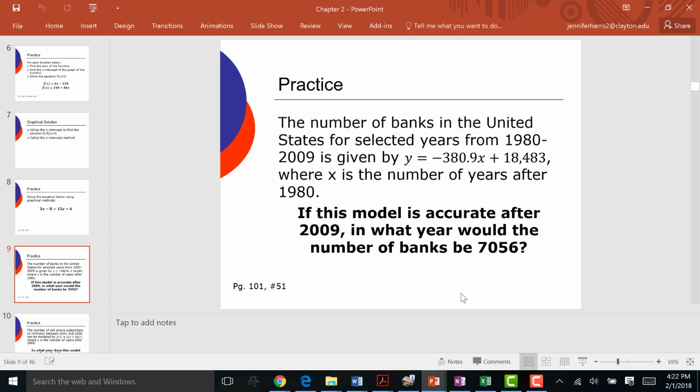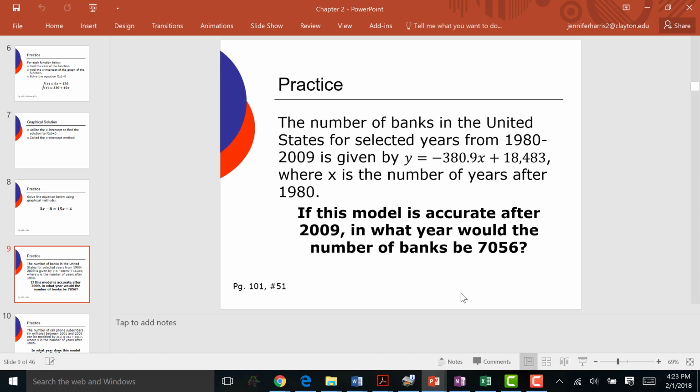Alrighty, so if this model is accurate after 2009, in what year would the number of banks be 7,056? Now, I need to ask you a question. Every time they give you a word problem, either they're going to give you an input or output. A lot of times you're going to get an input and you just plug the input in and then tell me what the output is.